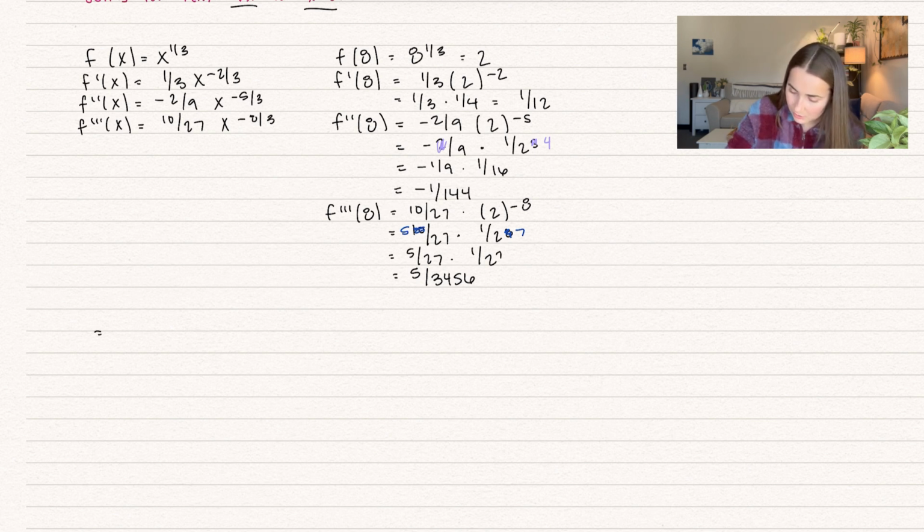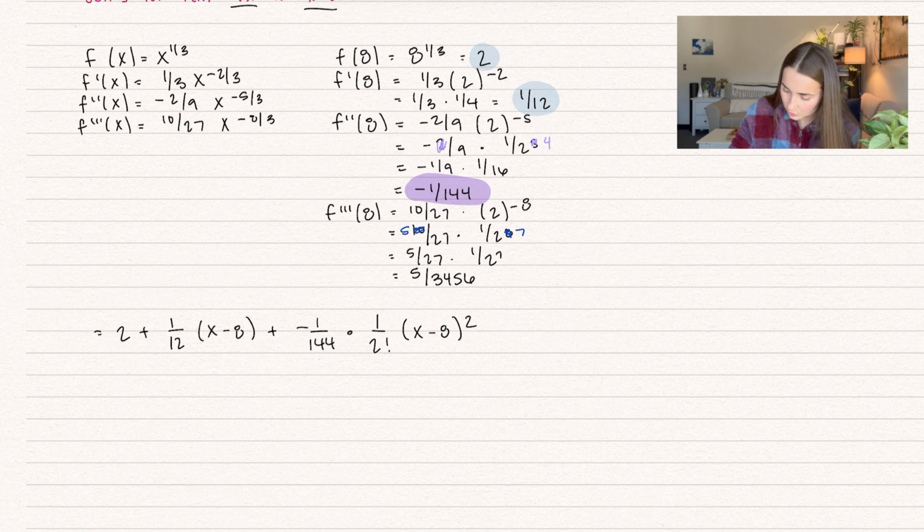So the first thing we do is take just our normal function evaluated at 8, 2 plus. Now we take the first derivative evaluated at 8, so 1/12 times x minus 8. And now we start dividing by the factorials, right? So this one right here, negative 1 over 144 times 1 over 2 factorial times x minus 8 to the power of 2, right?